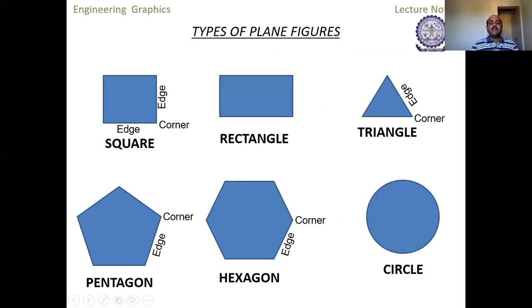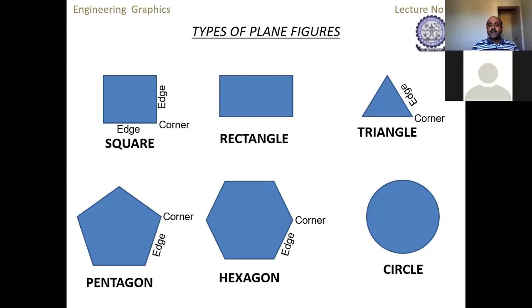Next is the types of plane figures. What I was just talking about: square, rectangle, triangle, pentagon, hexagon, and a circle. Any plane figure is formed by what we simply call a polygon.